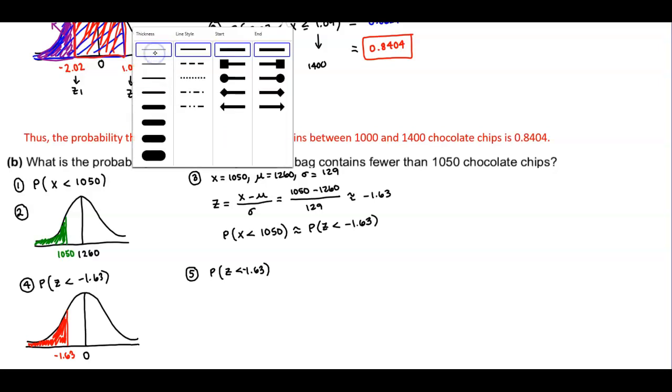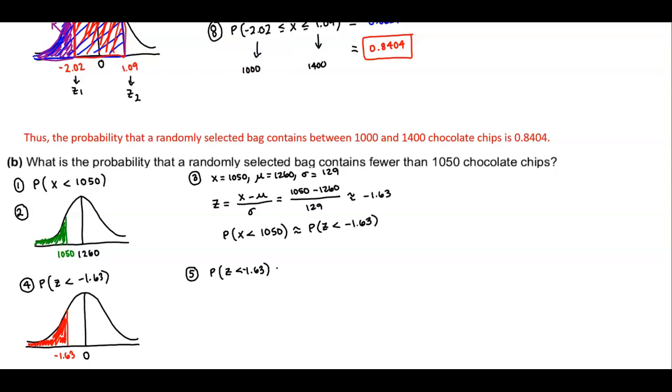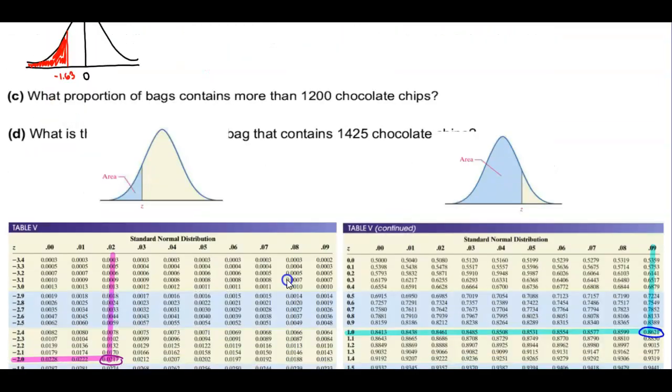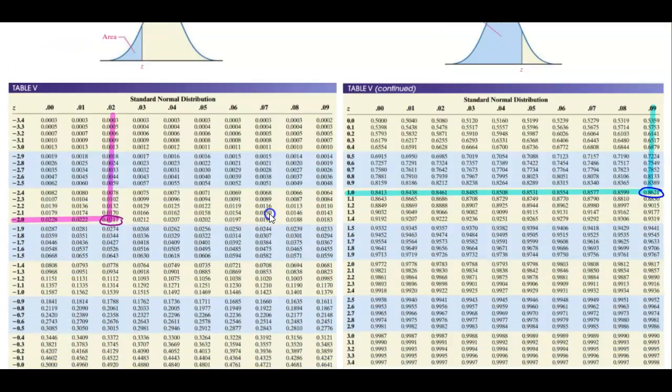So what we want to do is find the area to the left of negative 1.63. So let's take a look at our table here. So we're looking for negative 1.63. So here's our negative. Here's negative 1.6.